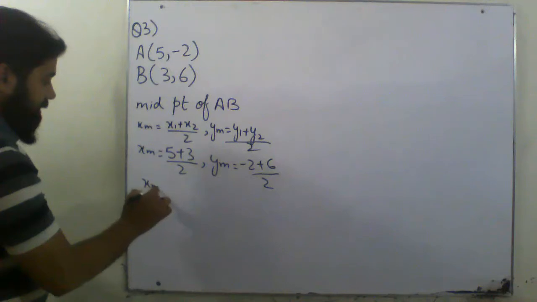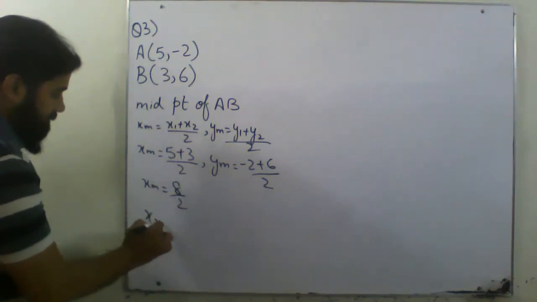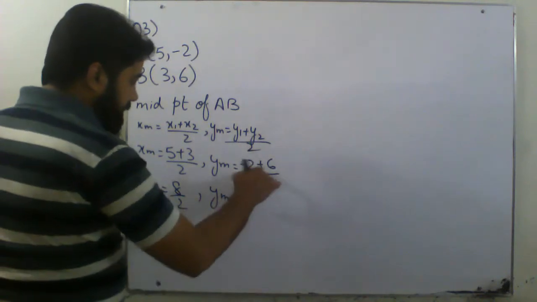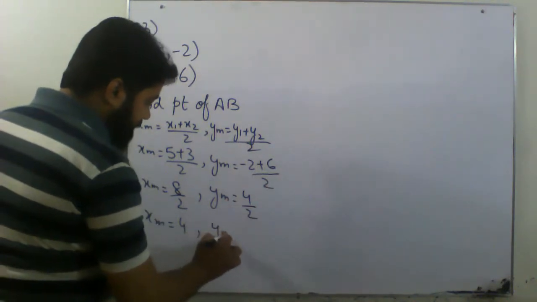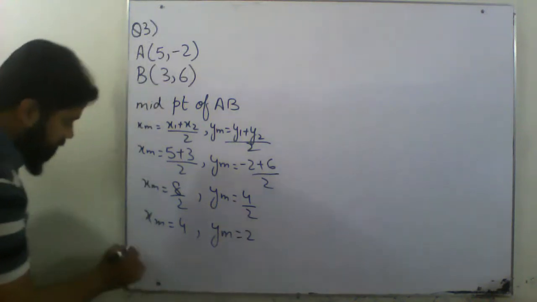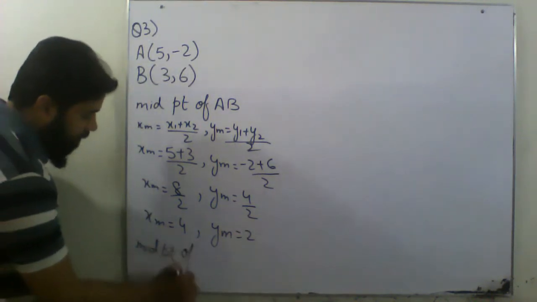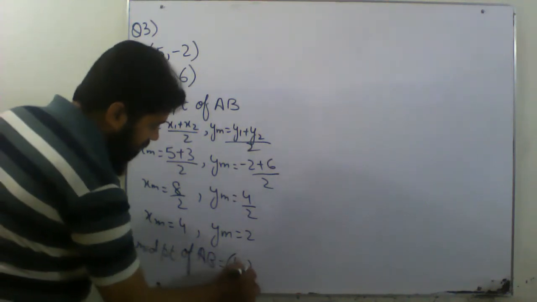So xm equals 8 over 2, so xm equals 4. And ym equals 6 minus 2, that is 4 over 2, so ym equals 2. So the midpoint of AB is coming 4 comma 2.